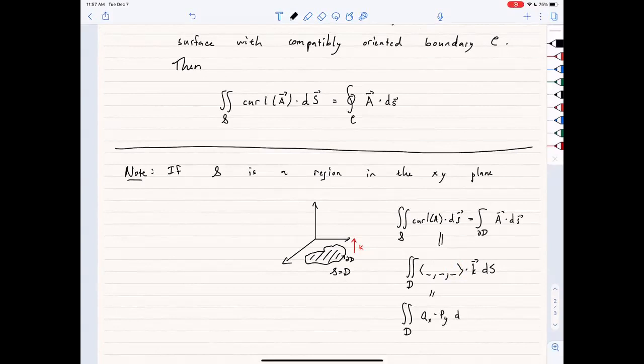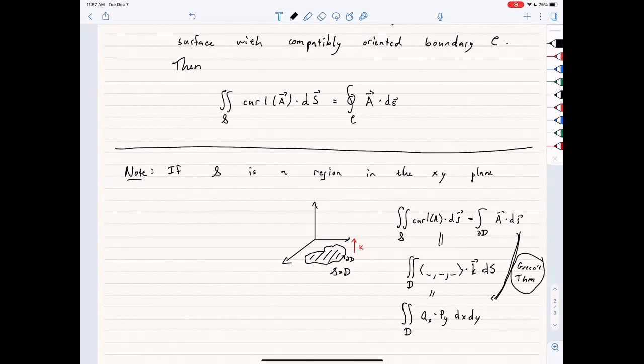And dS now is just dx dy, or dA if you want. And this equality is Green's theorem. It's the theorem in the plane.